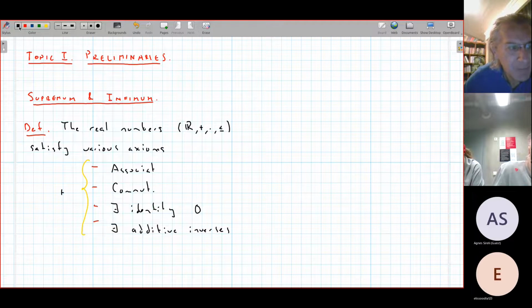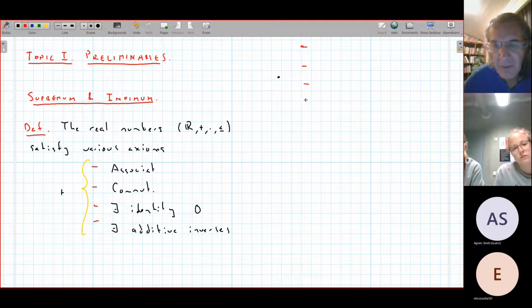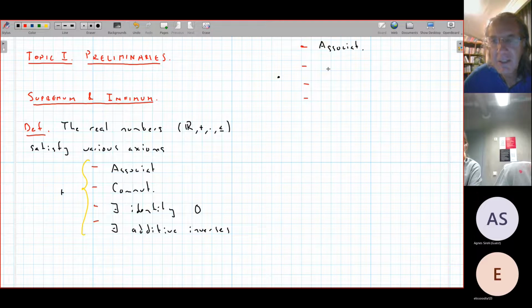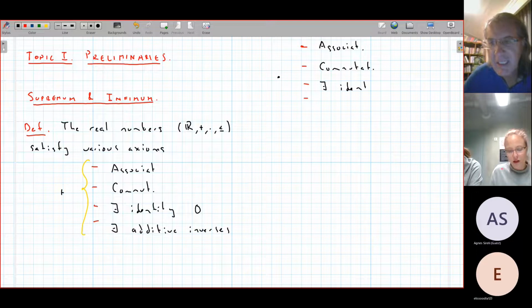We also have properties for the multiplication. These properties are, again, associativity, commutativity, the existence of an identity. This identity is actually 1.